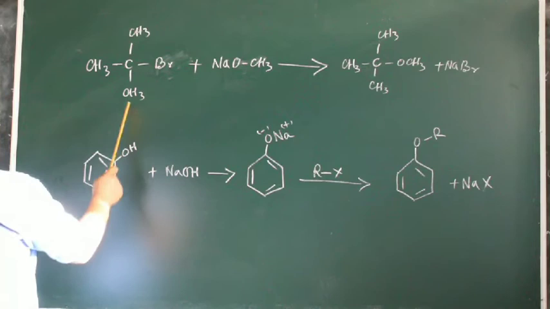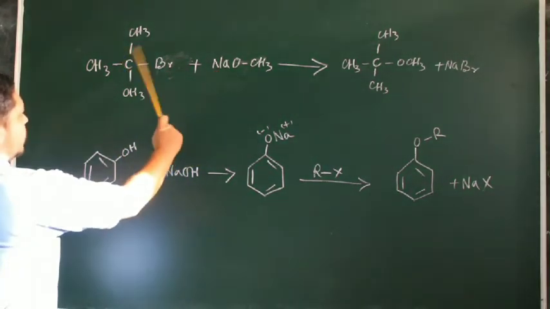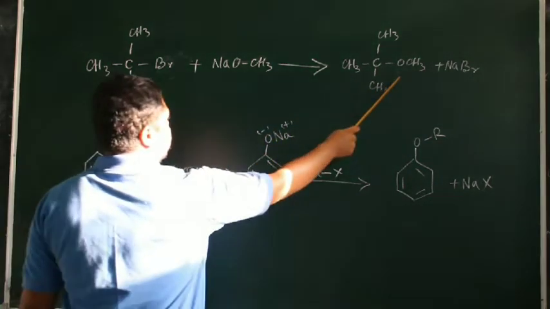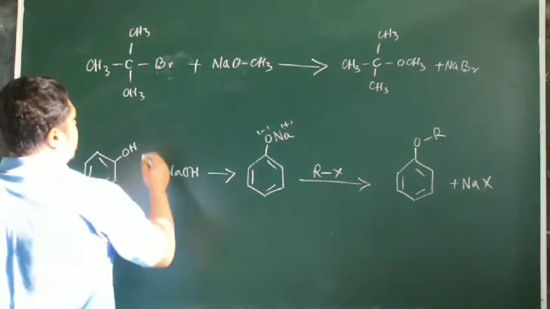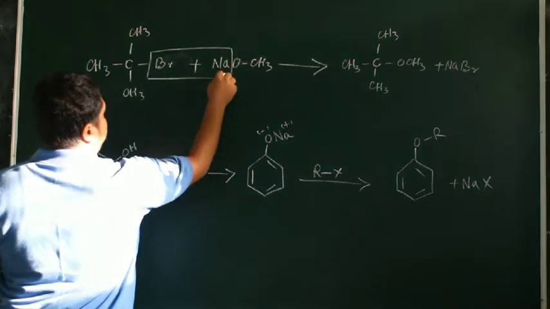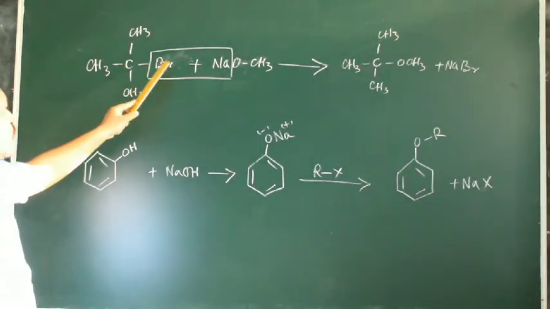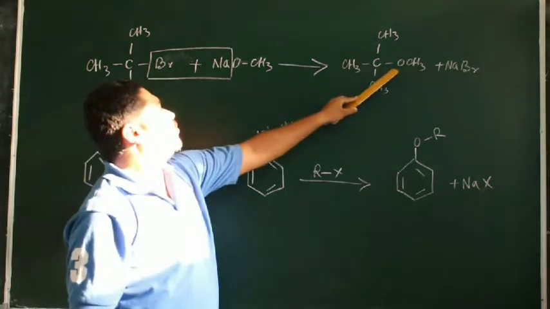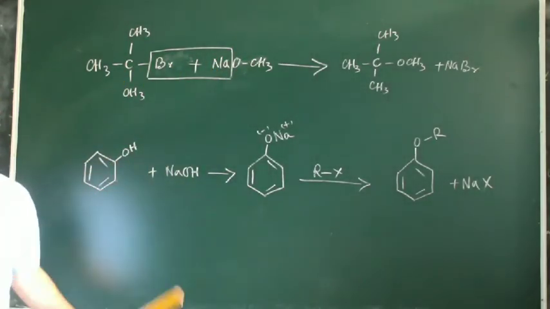This is an alkyl halide, and this is sodium methoxide. When treated together, the ether is produced, and the side product is sodium bromide. The carbon will attach to this oxygen, giving COCH3, and the remaining portion NaBr is the side product.